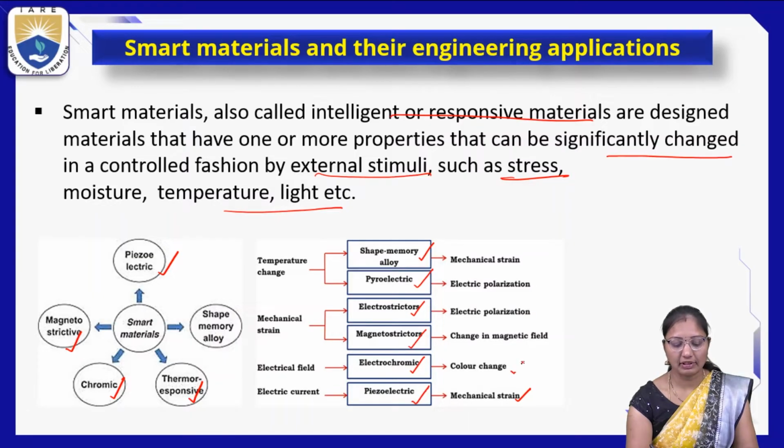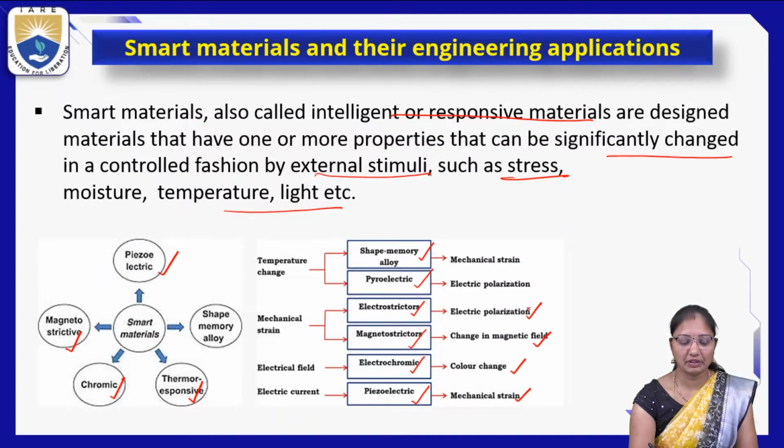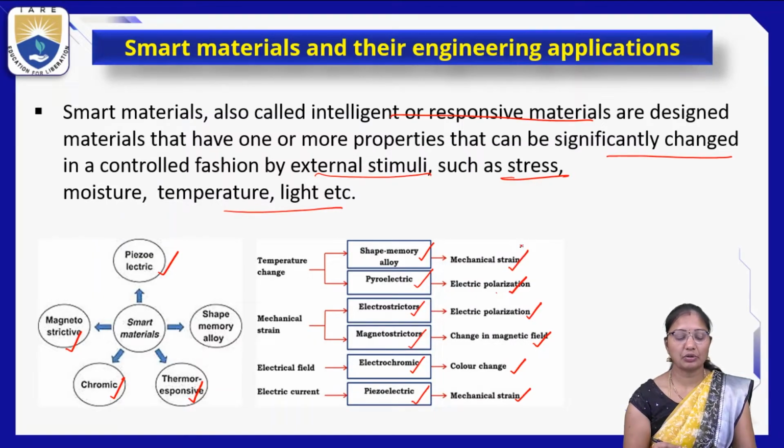Electrochromic means there will be a color change. Magnetostrictors means a change in the magnetic field, and electrostrictors means the electric polarization will differ due to mechanical strength. This mechanical strength results in the electric polarization or change in magnetic field. Pyroelectric is electric polarization, and shape memory alloy is due to the temperature change.